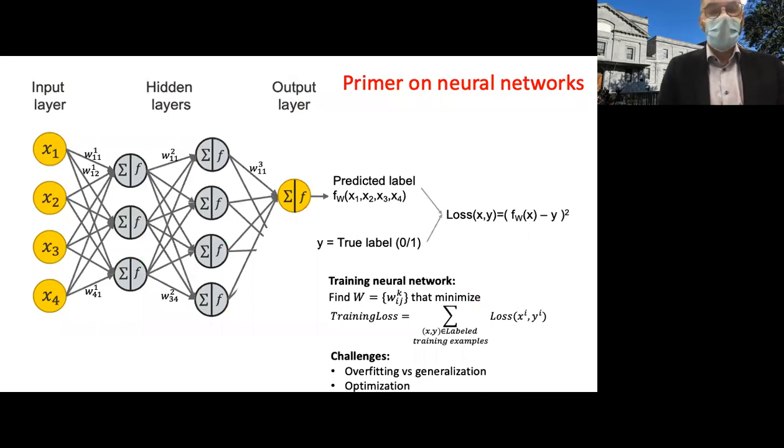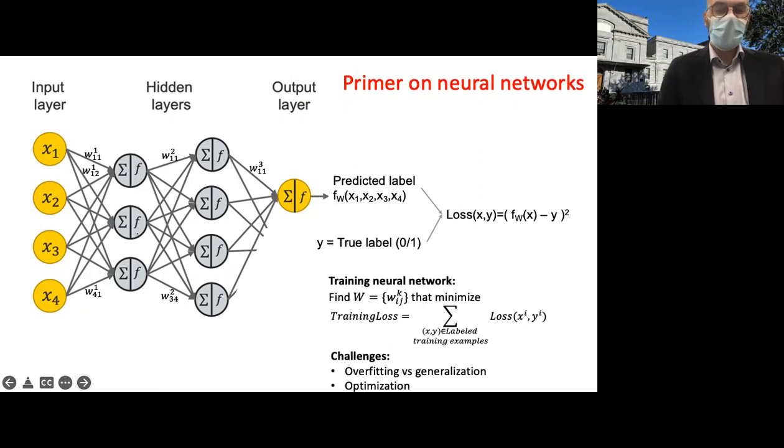And so I'll very, very quickly give you a primer on neural networks. Neural networks are regression on steroids, if you want. So a neural network is something that computes a function of certain inputs. Here, the inputs are these 4 red nodes. And the output, the value of the function, is going to be obtained here. Neural networks are typically arranged in layers.